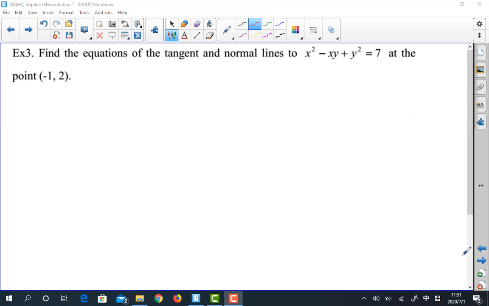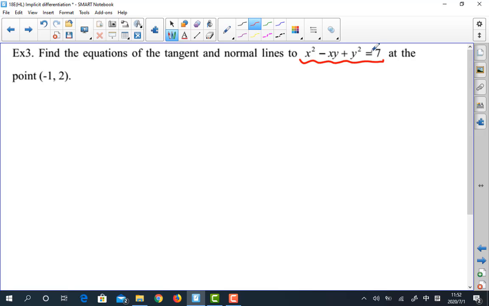Example 3. Find the equations of the tangent and normal to x squared minus xy plus y squared equals 7 at the point -1, 2. So we need to find the particular gradient of the tangent to this curve at this point first. So we need to find dy over dx from this relation.